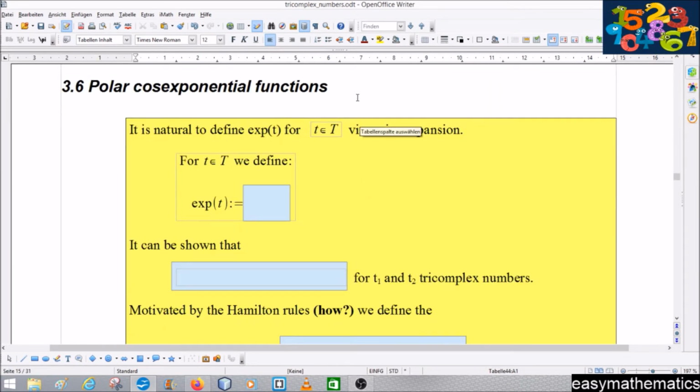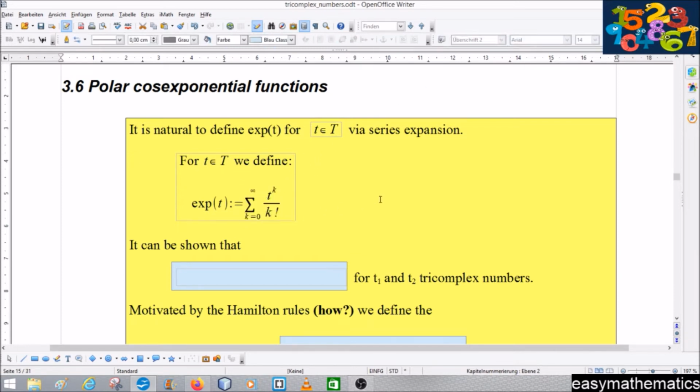So the next point on our journey are the polar cos exponential functions. And yeah, it is natural to define the exponential of a tricomplex number via its series expansion.